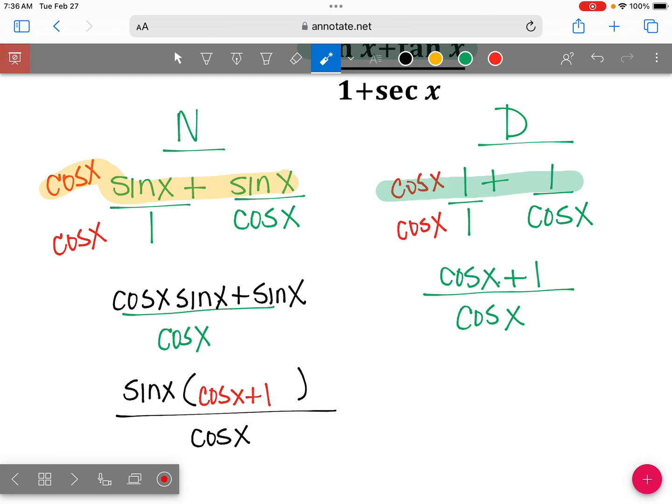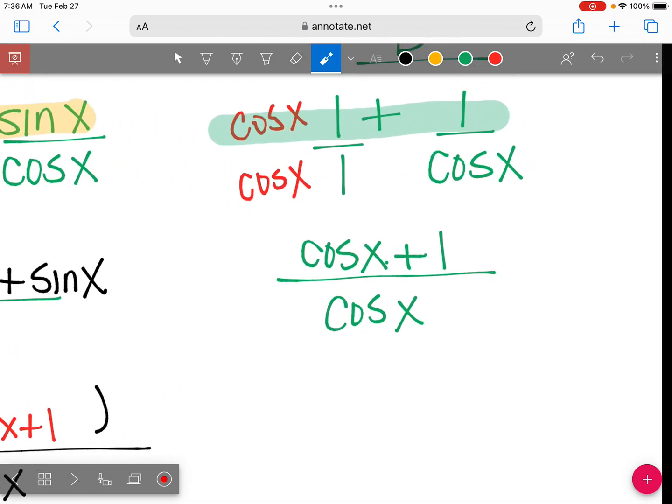Can I cancel these out? No. Okay, so let's talk about that in terms of terms. If you have x plus 1 over x, we cannot cancel that out. You can't cancel across addition. That's not how that works. So we're actually finished with this one. There's nothing else I could do with my denominator.